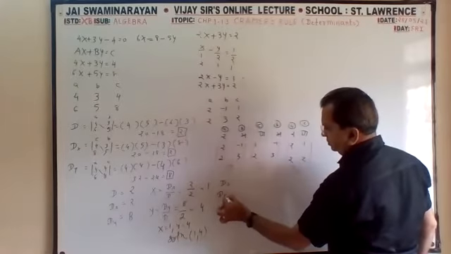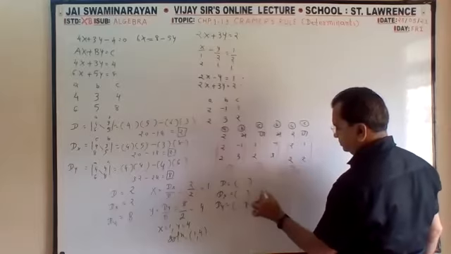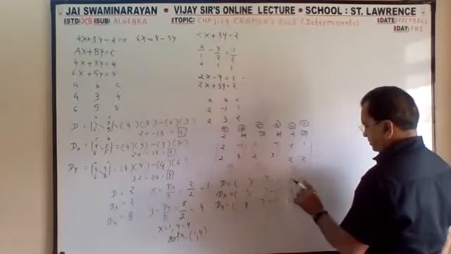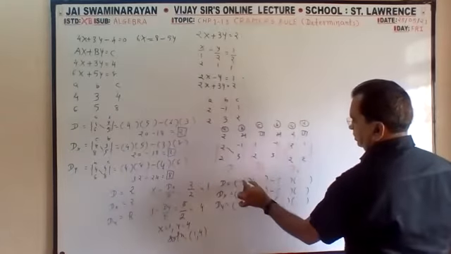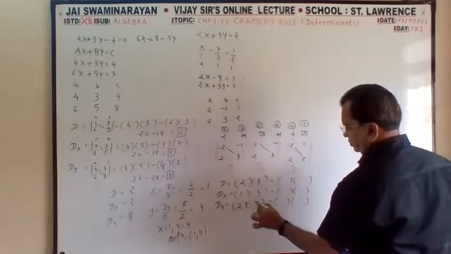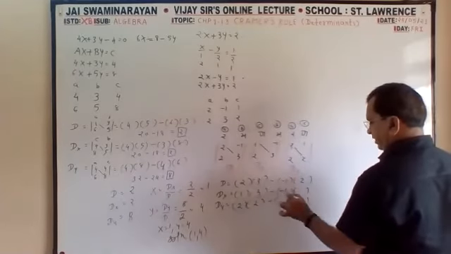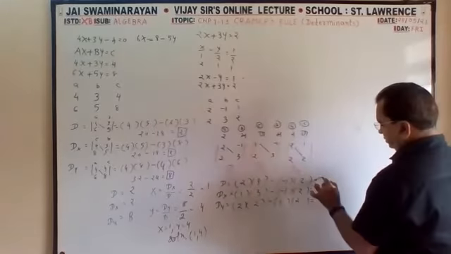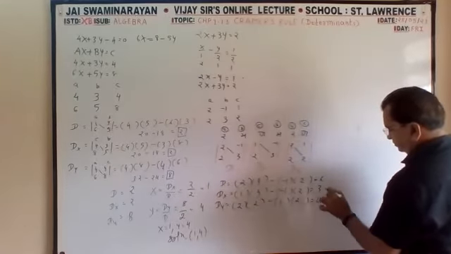Now D, Dx, Dy. 2 3s are 6, 1 3s are 3. Then this minus 1 2s are minus 2, 1 2s are 2, 3 2s are 6, 3 1s are 3, 2 2s are 4.